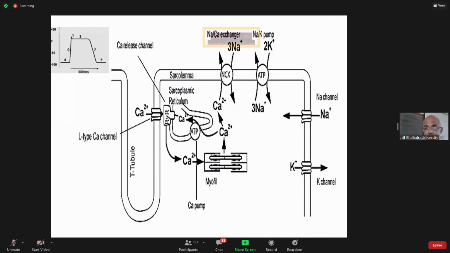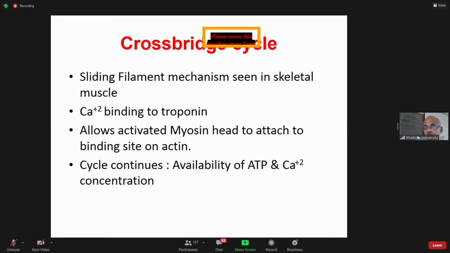I'm not going to explain the cross-bridge cycle, which has already been taught to you in skeletal muscle, so it's almost similar. We will not be going into detail of that. So the same mechanism, the sliding filament mechanism, is there. Calcium will bind to troponin C, activate the myosin attached to cycle. The whole cycle will start.